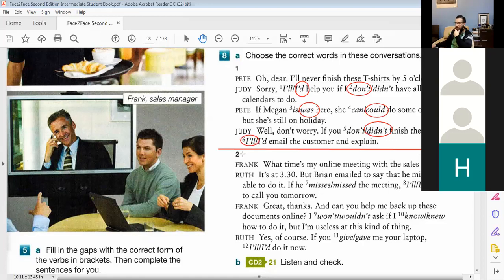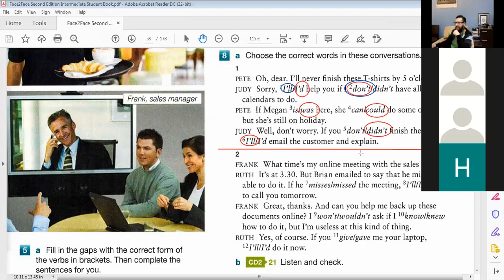For me, I have a different answer from Hajar. Okay, let's see your answers. Let's use the blue color for your answers. Which ones are different for you, Sana? I put "I will" and "I don't." Okay, and the other ones? This is my answer already. And I don't know if someone else has another answer. But what about the other one, Judy?